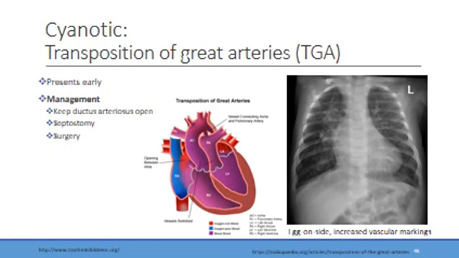Because of the increased lung blood flow, they present early with signs of heart failure, and on the X-ray they have a very typical pattern of the egg on side with increased vascular markings. On the management, you need to keep the ductus arteriosus open. The cardiologist will perform a septostomy to enable blood to mix on atrial level, and then they can also consider referral to cardiothoracics for early surgery.